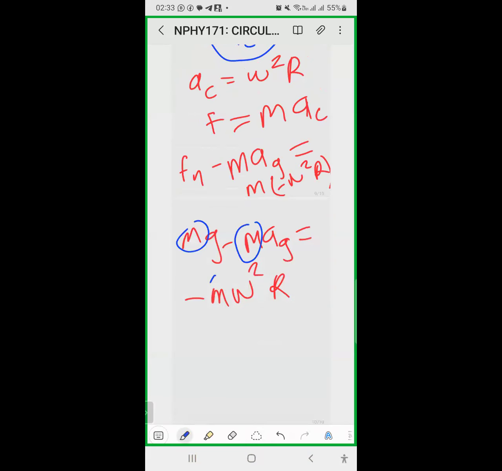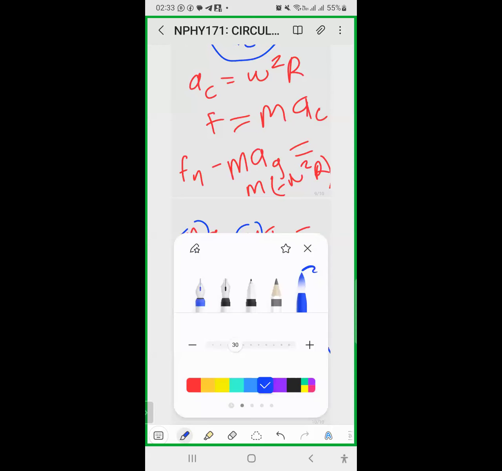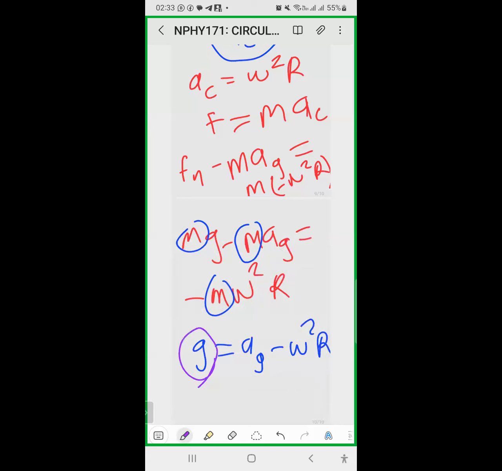So g is equal to, taking it to the other side, the gravitational acceleration minus omega squared r. And this g is what we refer to as the free fall acceleration.